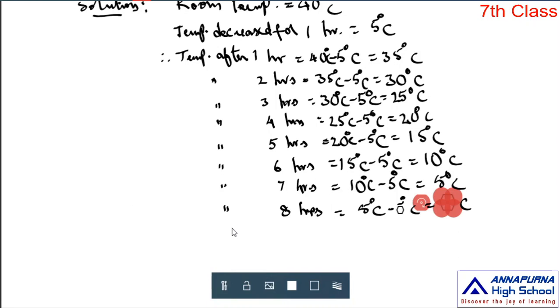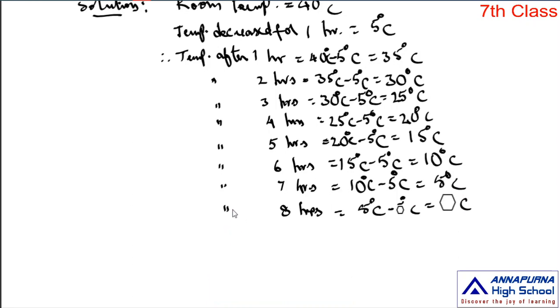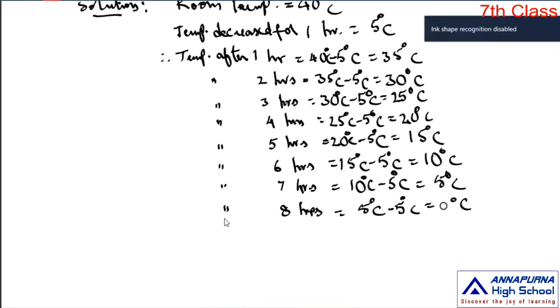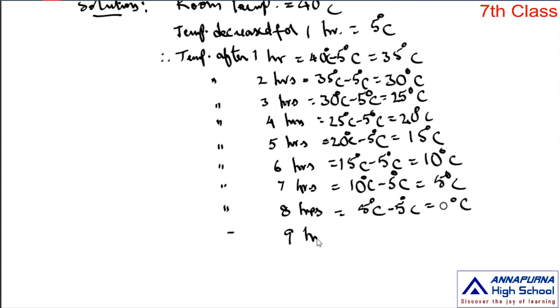Temperature after 9 hours: 0 degrees centigrade minus 5 degrees centigrade. Here we are subtracting 5 from 0. That means 0 minus 5 means minus 5 degrees. The temperature after 9 hours is minus 5 degrees.